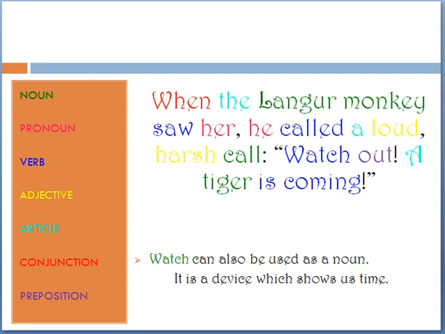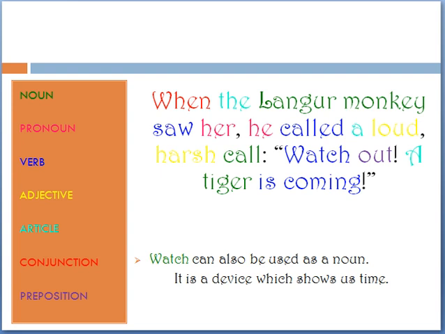How was the call? The call was loud. The call was harsh. So these two words loud and harsh are describing how the call was. So loud and harsh are adjectives and call is a noun, as it is being described by these two words.